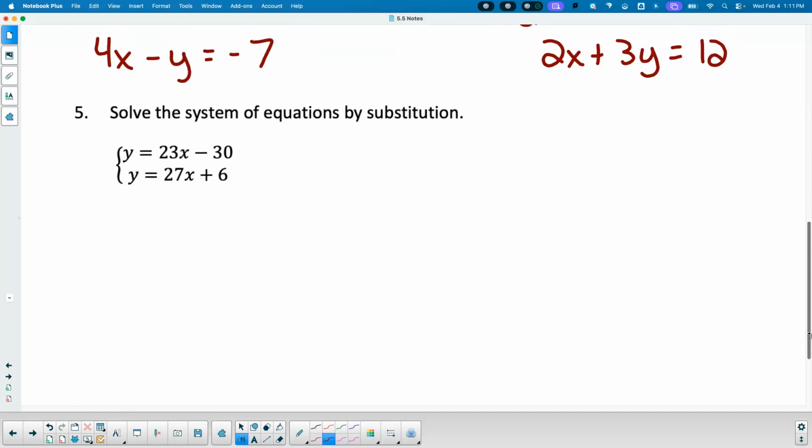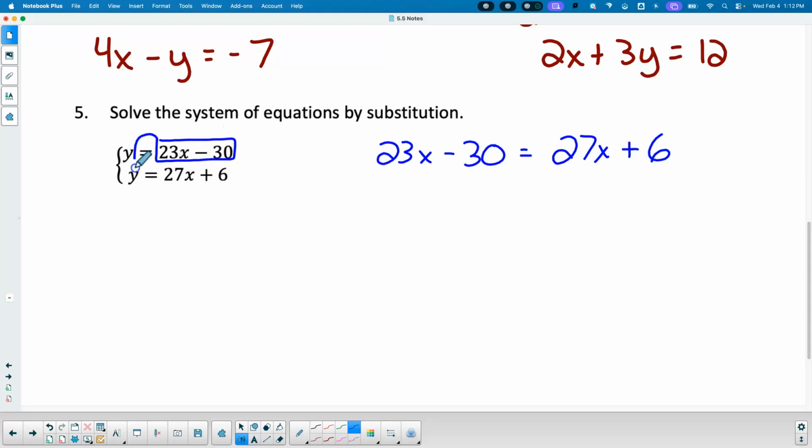And then the last one, solve the system by substitution. Luckily, they're already both solved for y. So that means then I can say that 23x minus 30 equals 27x plus 6. I can take this and put it in for y. Then solving this, I would add 30.